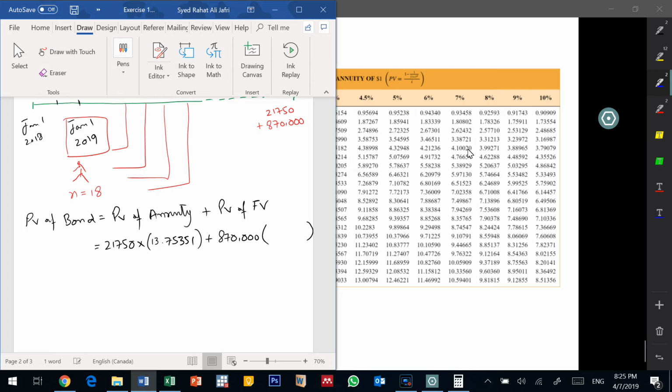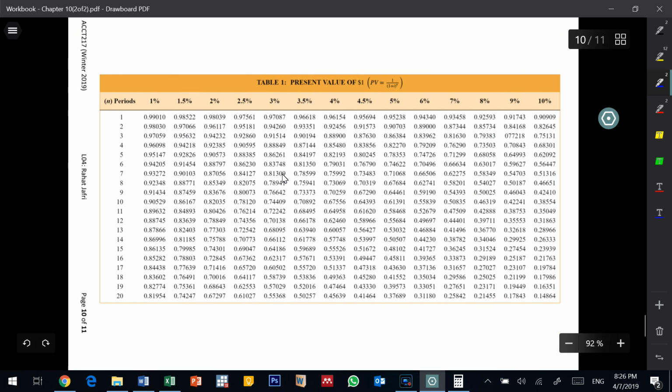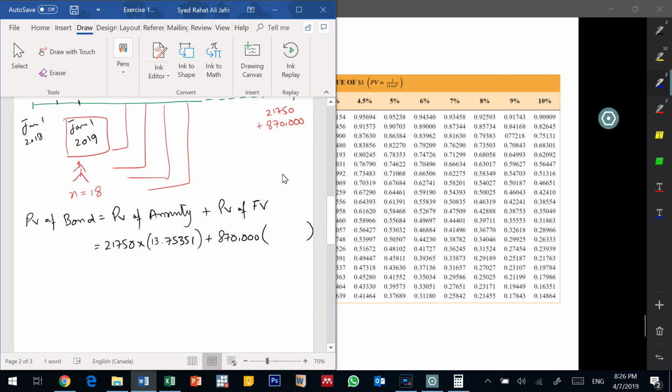Then we go back to our PV table. Now go to PV of $1, market rate 3%, adjusted on a 6 month basis, and 18 is the number of payments remaining for this bond. So the factor is 0.58739.